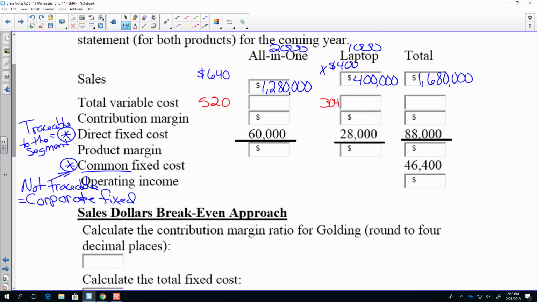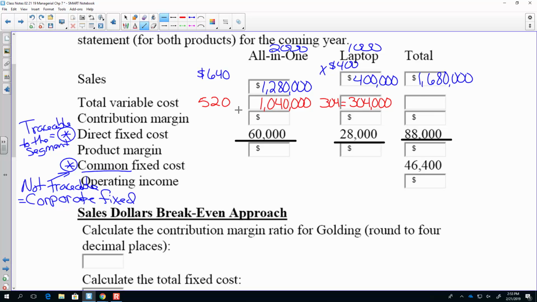Obviously the 1 would be 304,000. And the 2,000 times 520 is 1,040,000. We can also do at the same time the margin amount.